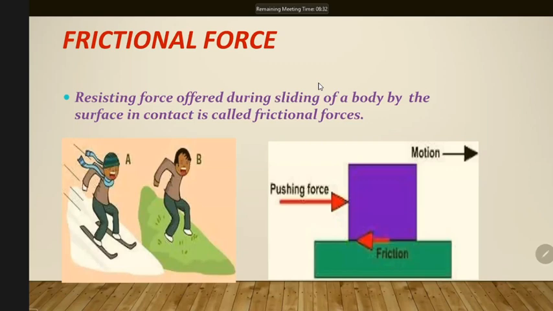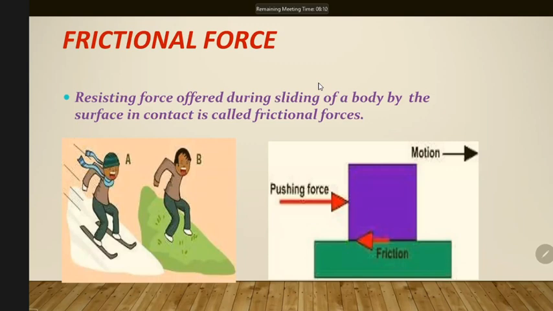For example, here you have a picture wherein you can see there are two guys, guy A and B. One is on his skates on snow, and another is on simple grass. And he also wants to get skidded or slid. He wants to enjoy slides.